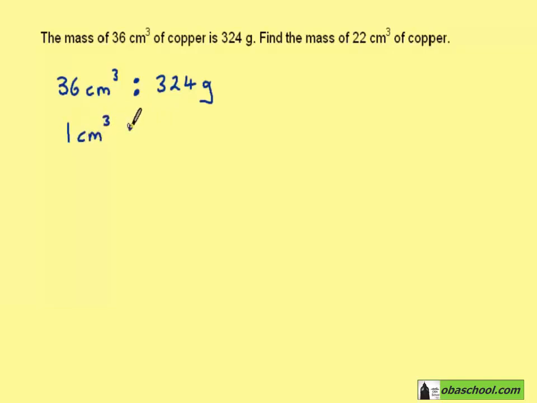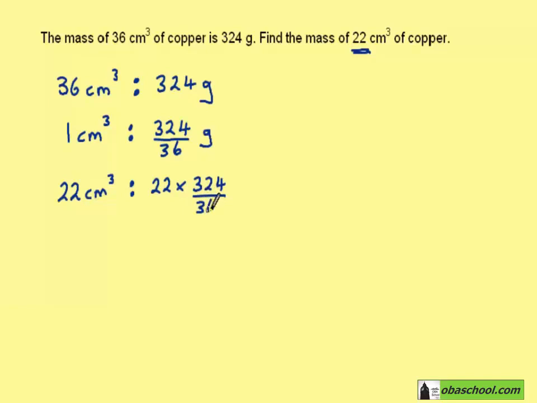So 1 centimeter cubed would be 324 divided by 36 grams. We want 22 centimeters cubed. 22 centimeters cubed is going to be 22 times 324 over 36 grams.